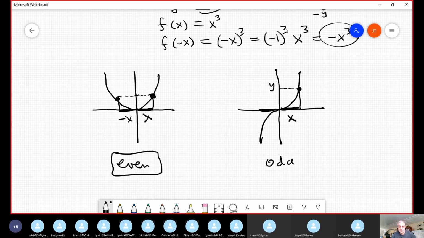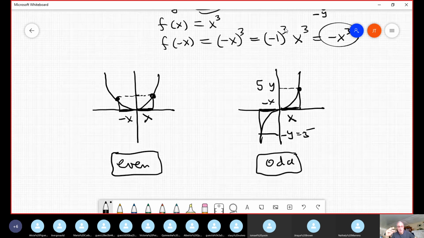When you select the opposite sign, minus x, you get the opposite sign of y. It's the same value, minus y. Suppose this is 5, and this is negative 5. So it's exactly the same absolute value, but opposite sign. In this case, no. In this case, it's exactly the same value. Suppose it's 5 for both.